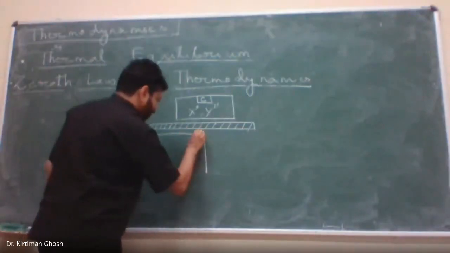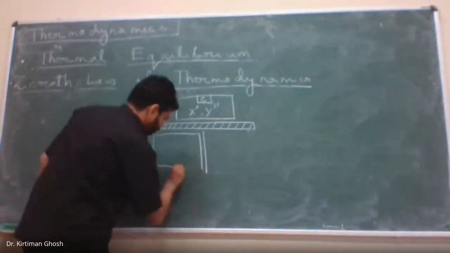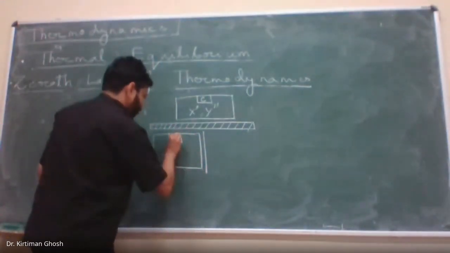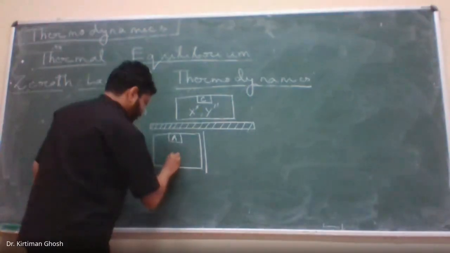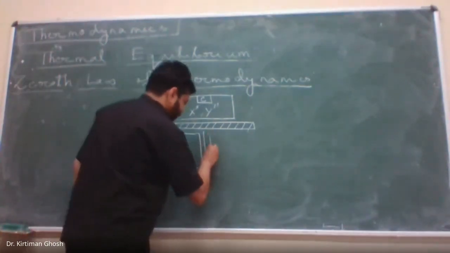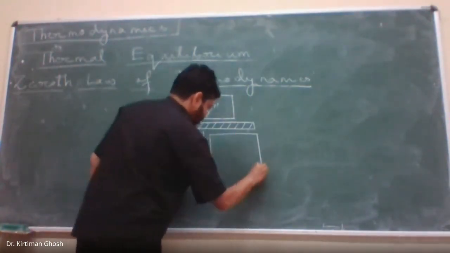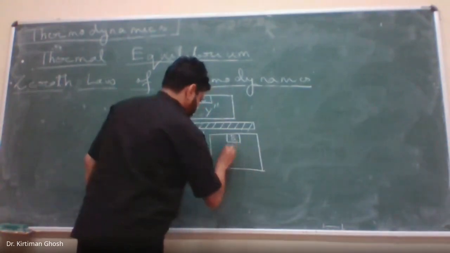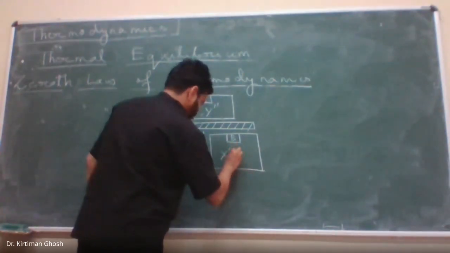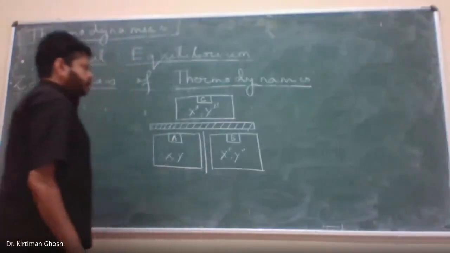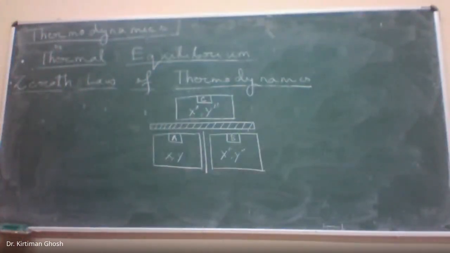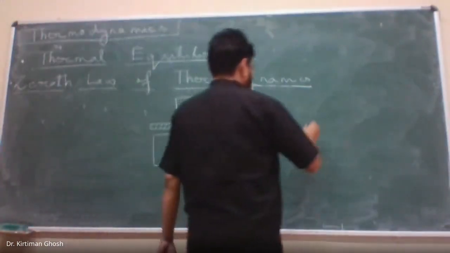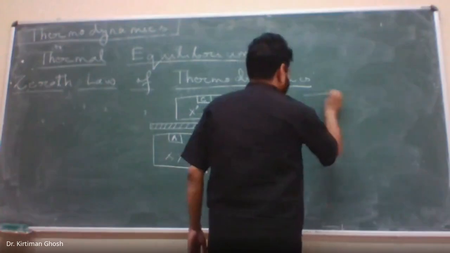Then I have two systems A and B. This is a particular situation, and let us draw another situation where I have the system C here.